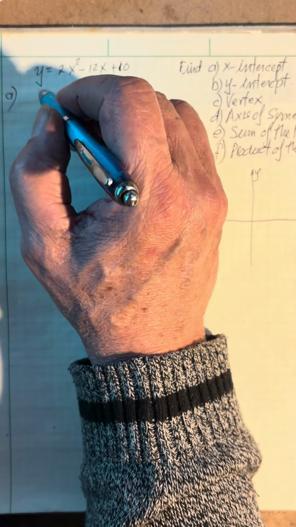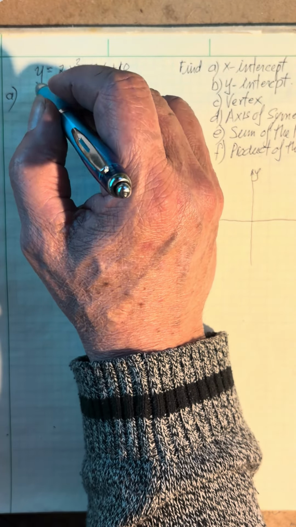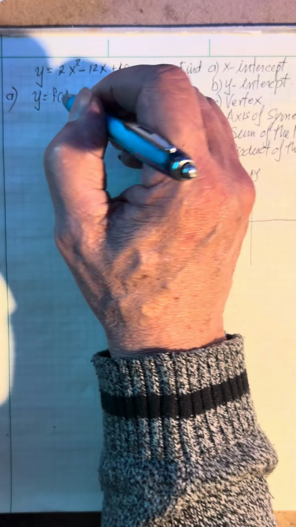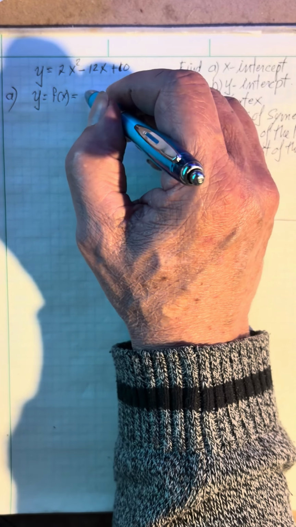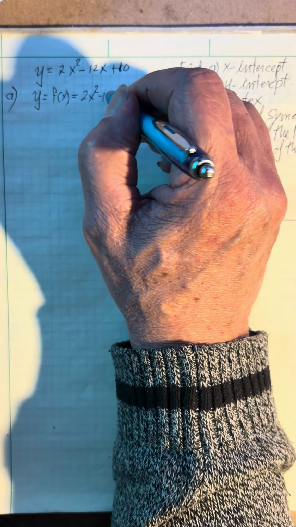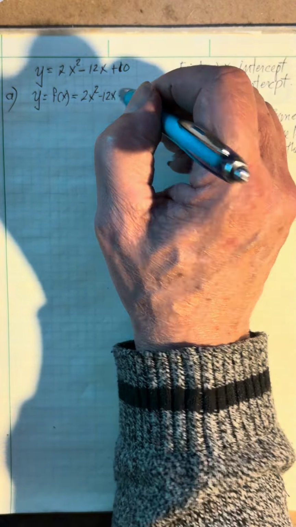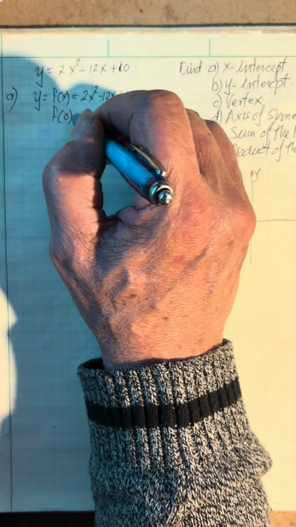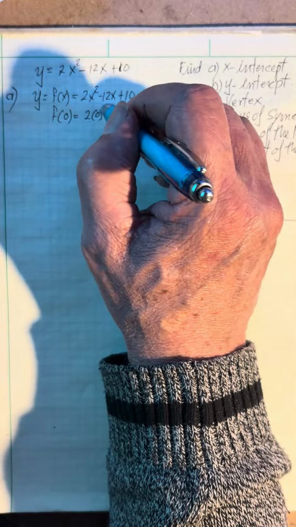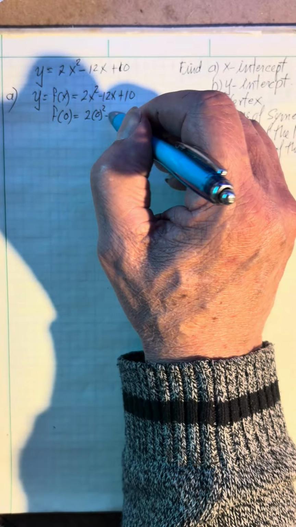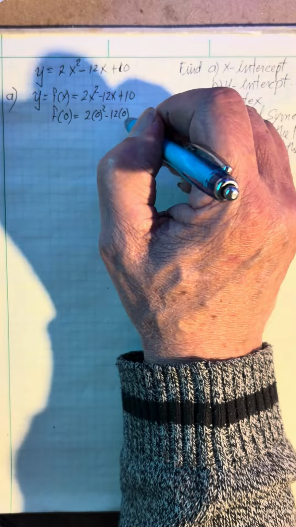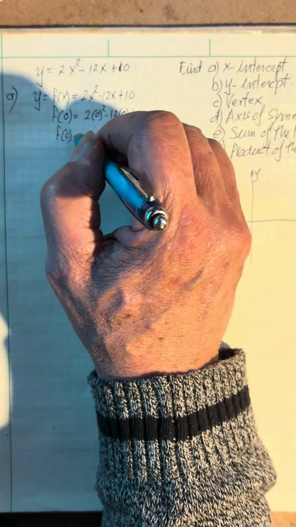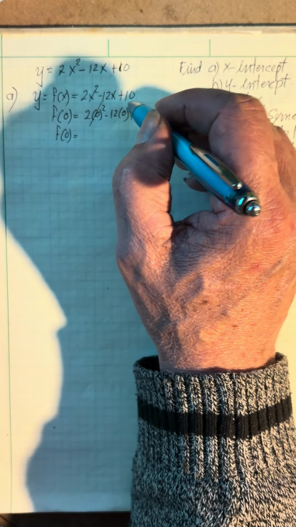And so we write y is equal to f of x, which is equal to 2x squared minus 12x plus 10. We're going to look for f of 0, which is, we replace the x by the 0 and find, this cancels, that cancels.